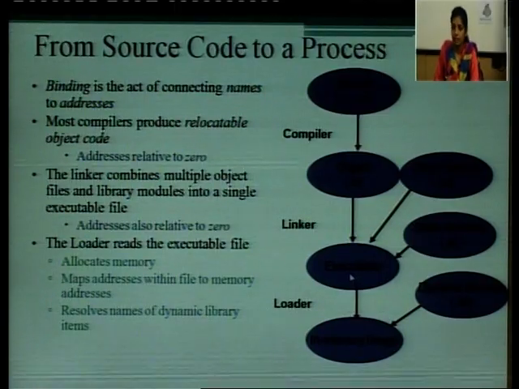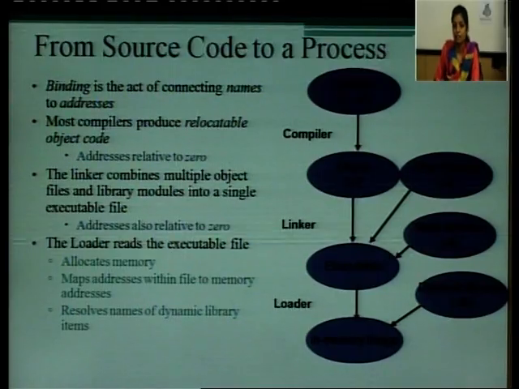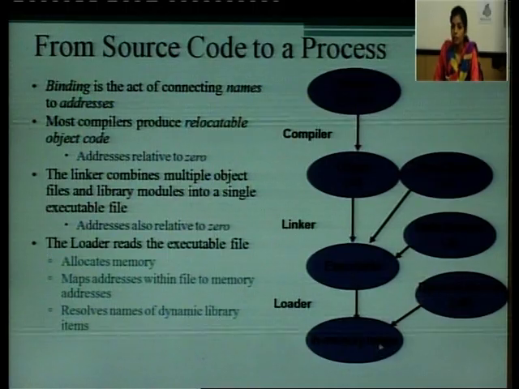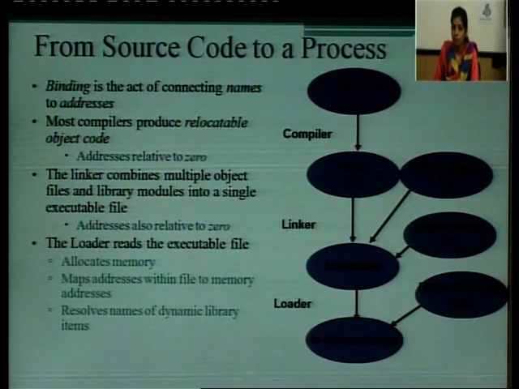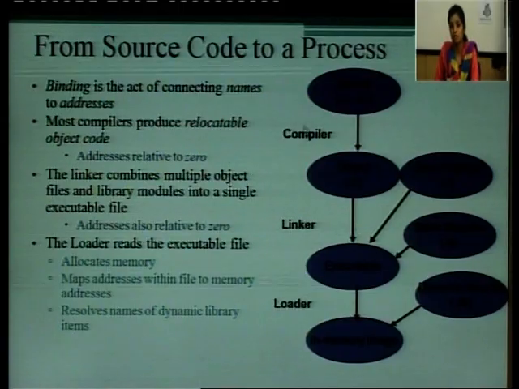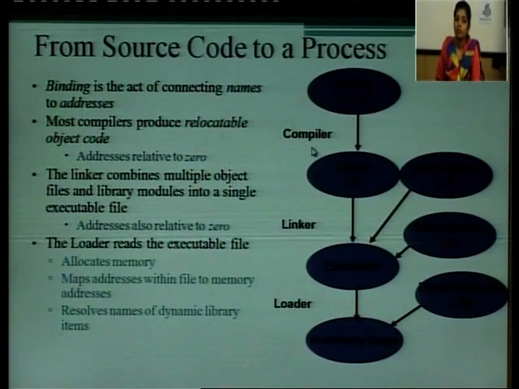After getting the exe file, it goes into a specific memory location, and it gets that memory location with the help of the loader. The loader places that exe file into memory with the help of dynamic libraries, .dll. So, these three processes complete a single program execution.